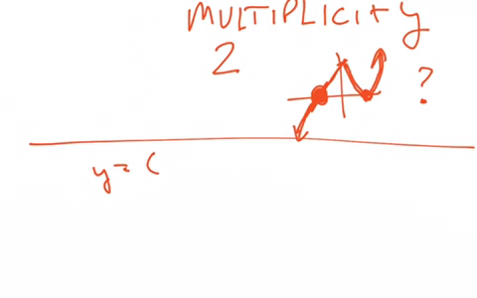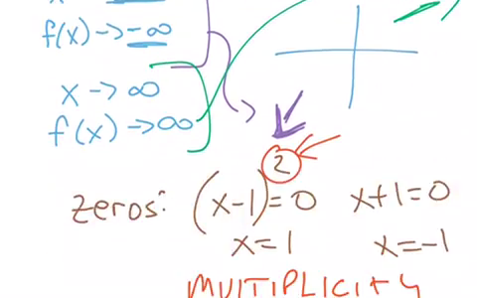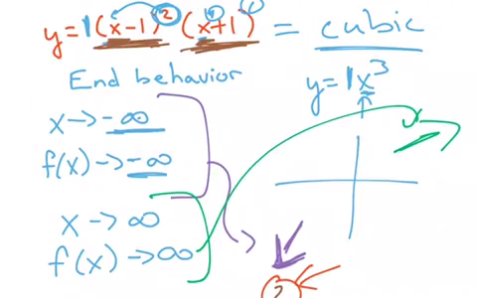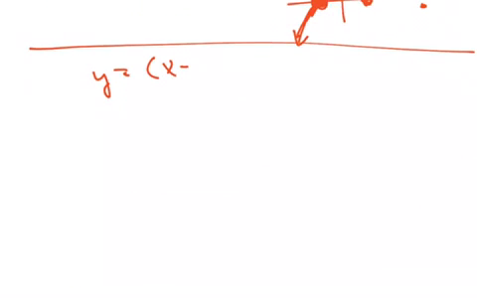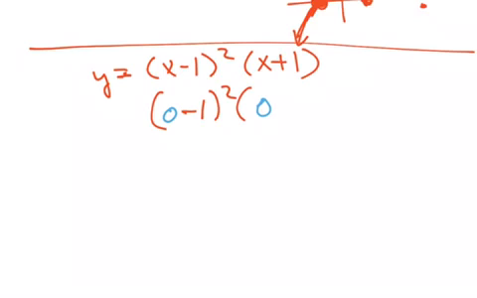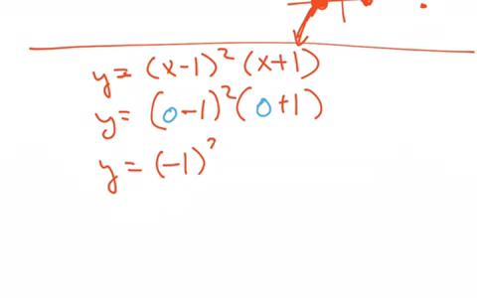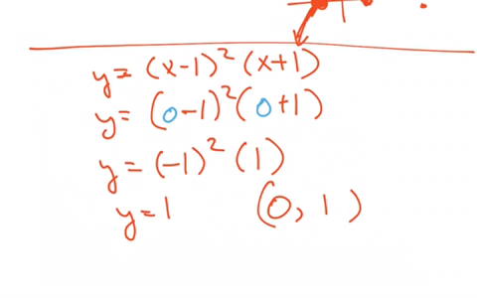If our function is x minus 1 squared, times x plus 1, then if I allow my x to be 0, I can solve for y. And y is 1. So this function has a y-intercept at (0, 1).